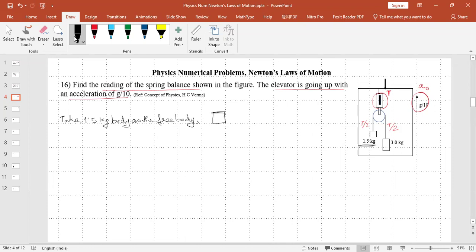This 1.5 kg body has a downward force of mg, where m is 1.5, as given. And it has an upward tension of T by 2.